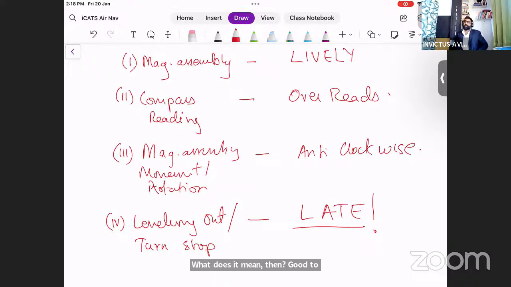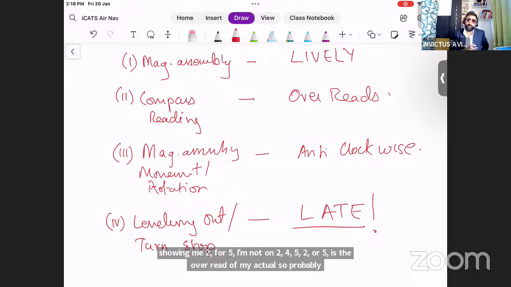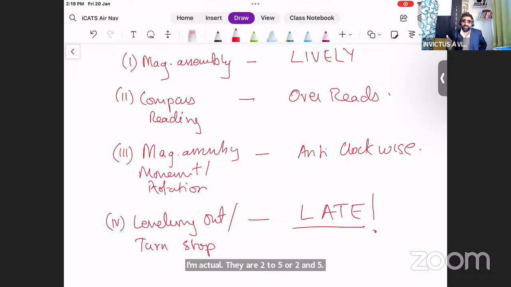It means if I want to be on 245 and if I level out at 245, then the compass is overreading on 245. It means if it is showing me 245, I'm not on 245. 245 is the overread of my actual. So probably I'm actually at 225 or 215. So in order to be on my desired heading, I'll have to overshoot the heading because my compass is overreading. Overreading means my actual heading will be lesser than the indicated heading.